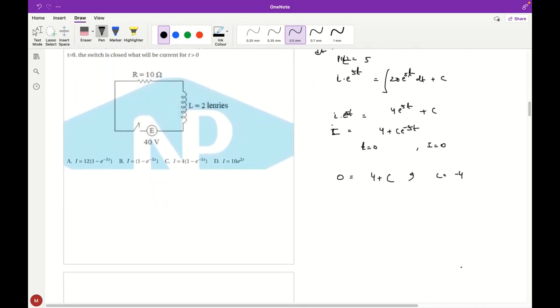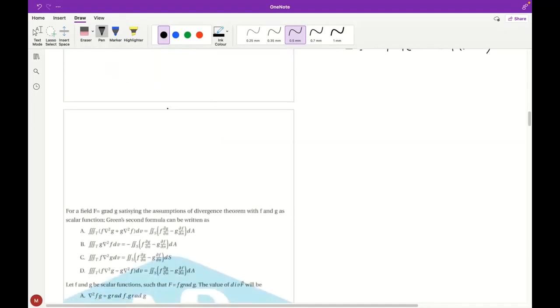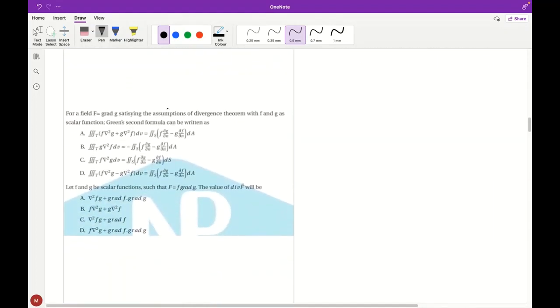So I equal to 4 minus 4 e to the power minus 5t, which is equal to 4 times 1 minus e to the power minus 5t, which is the third option. That is correct. Now come to another question.